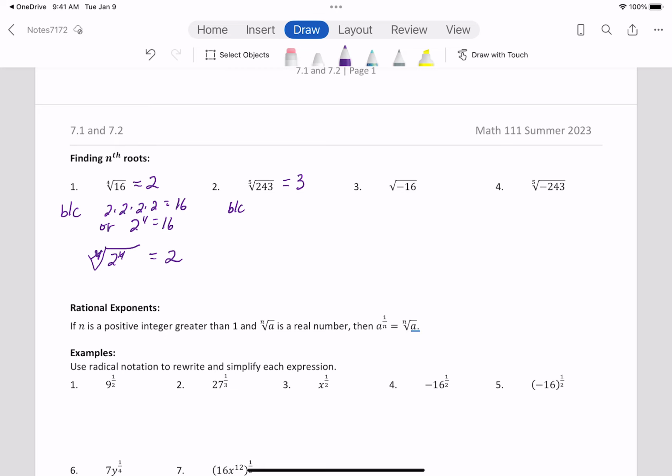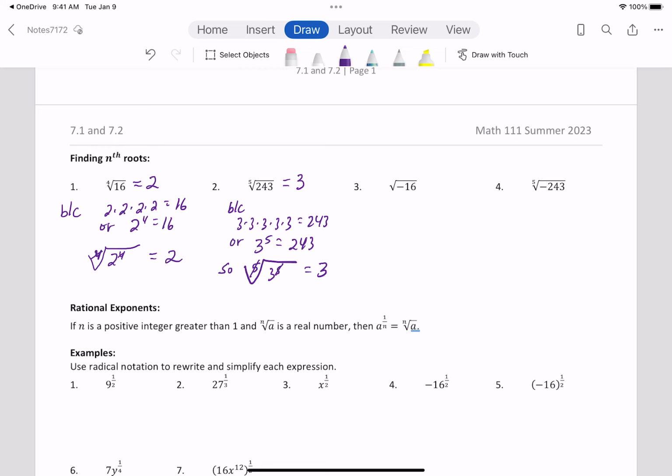The reason for that, of course, is because 3 times 3 times 3 times 3 times 3 is 243, which of course is the same as 3 to the 5th is 243. So that allows me to say the fifth root of 3 to the 5th. The index and exponent are the same, so they can cancel, and that leaves me with 3.